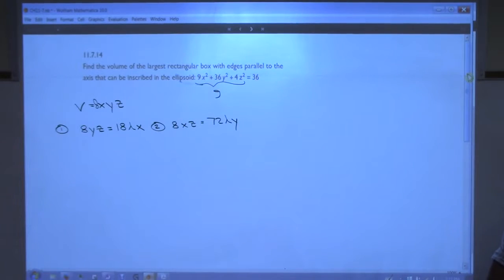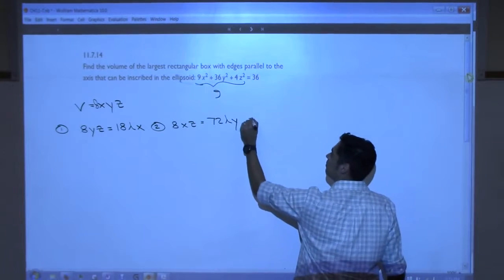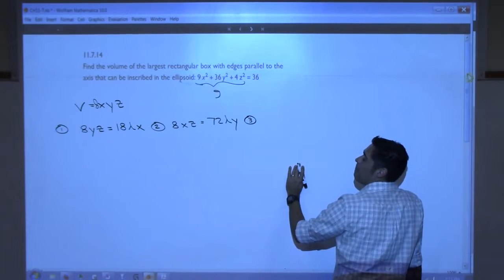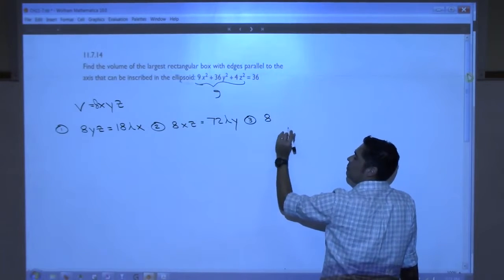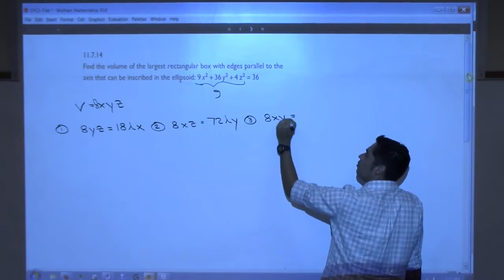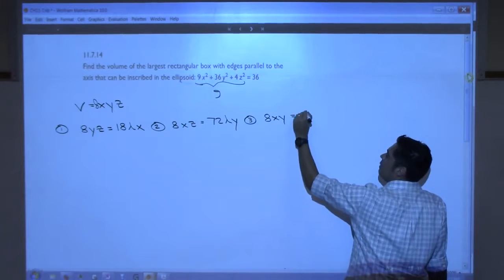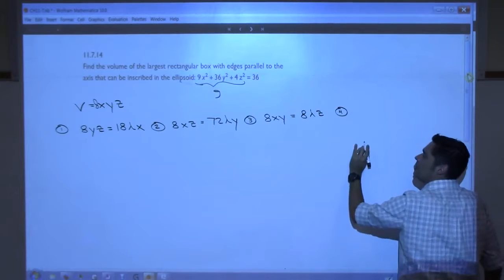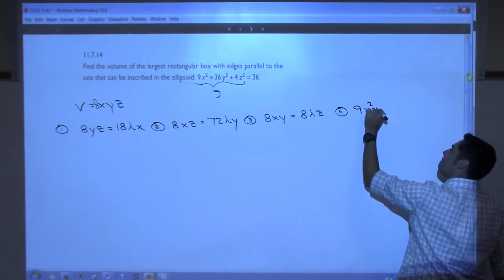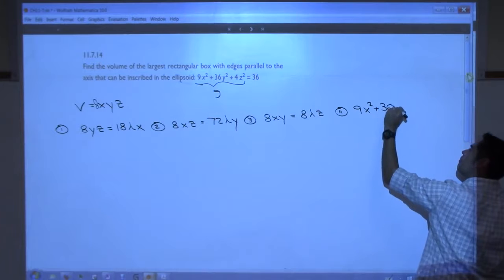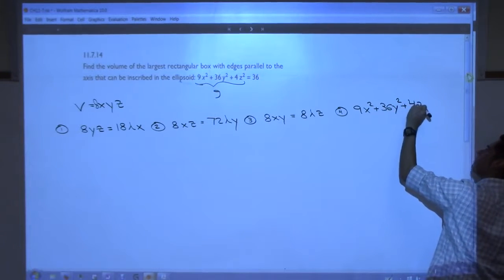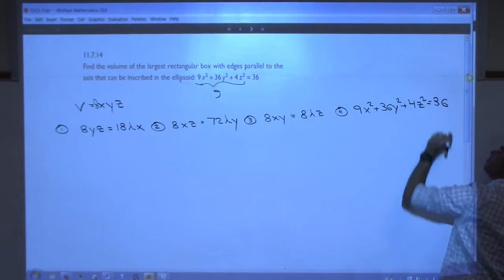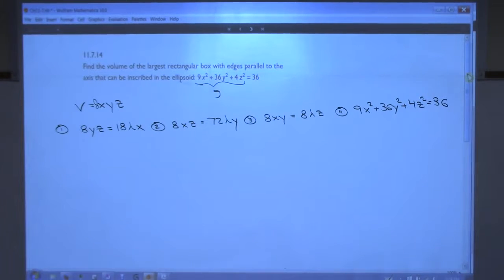Y'all with me? Third equation, 8xy equals 8 lambda z. Fourth equation is the constraint. Okay, 4 equations, 4 unknowns: x, y, z, and lambda.